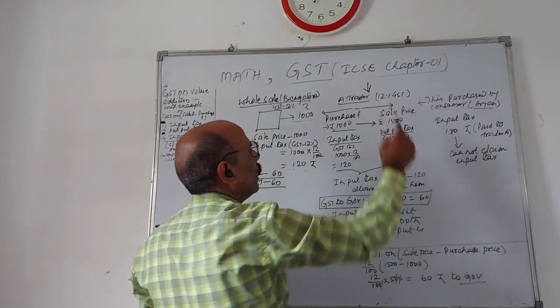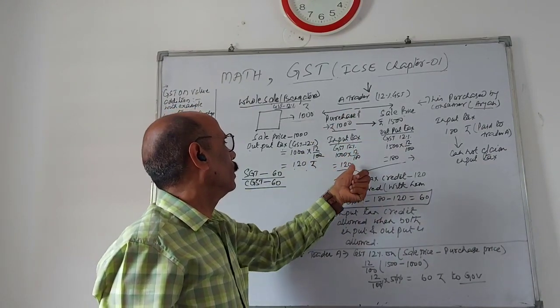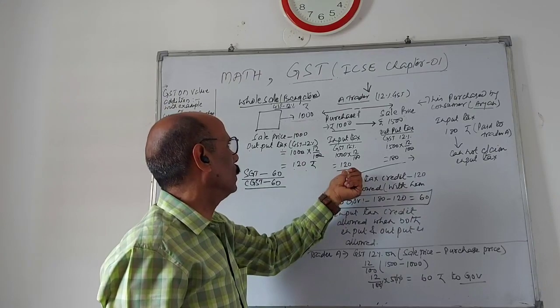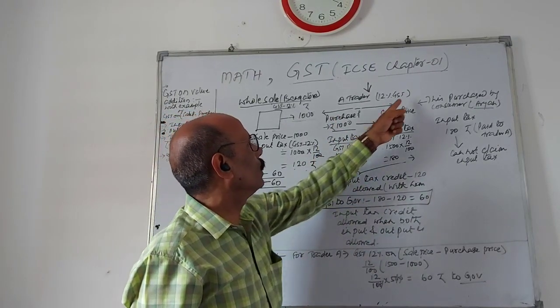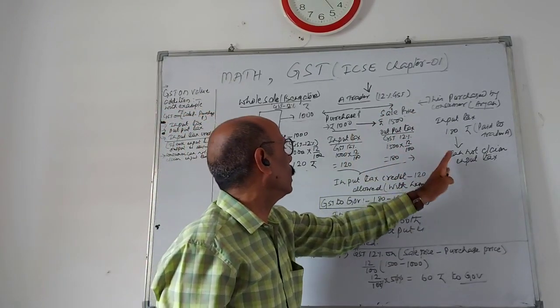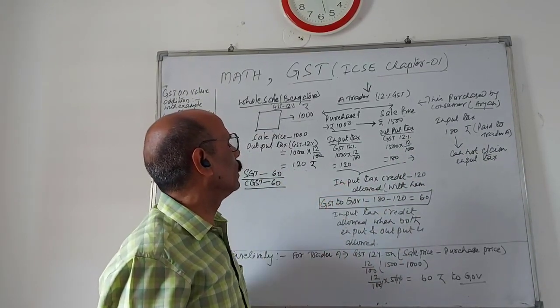Okay. So now consider this trader A. Trader A paid 120 rupees GST while he was purchasing the item. Now he received 180 rupees GST while he is selling the item. So here input tax is credited.